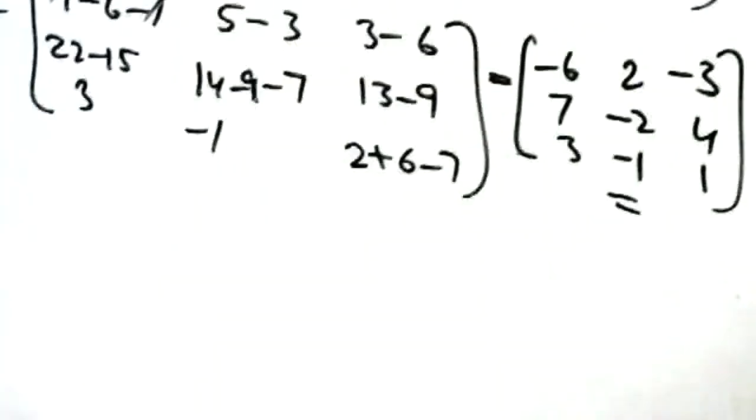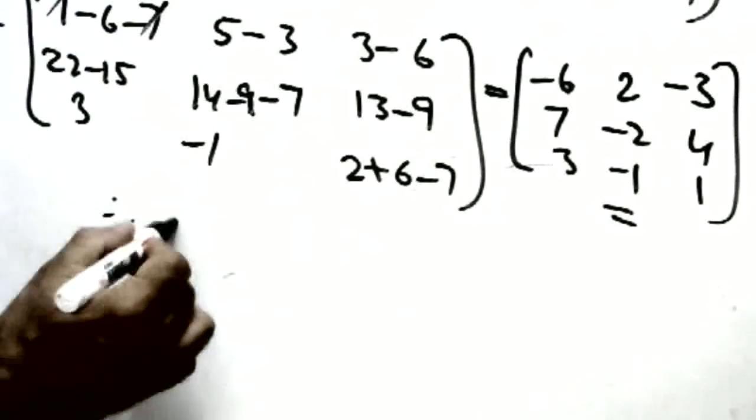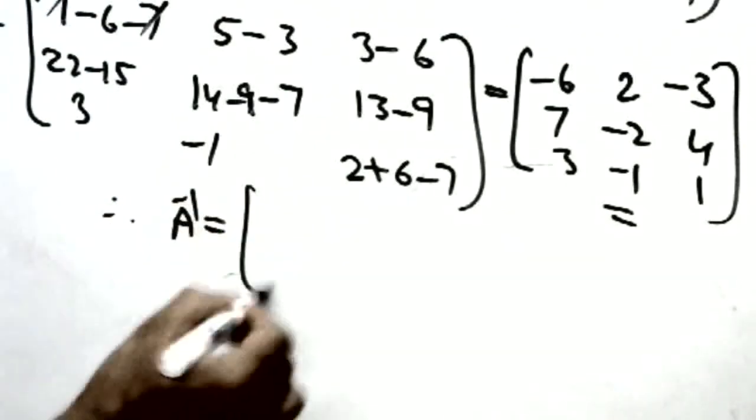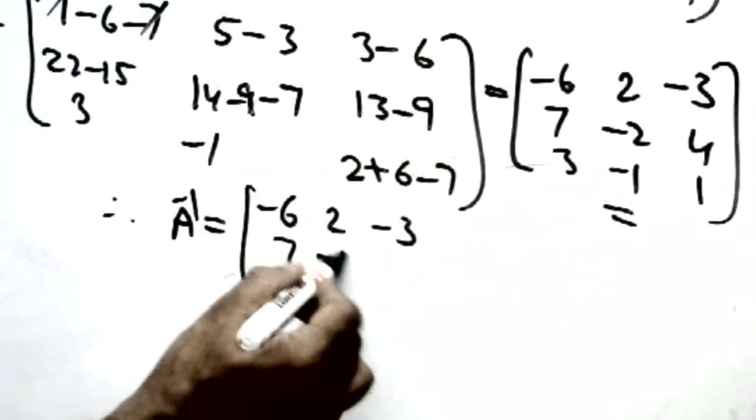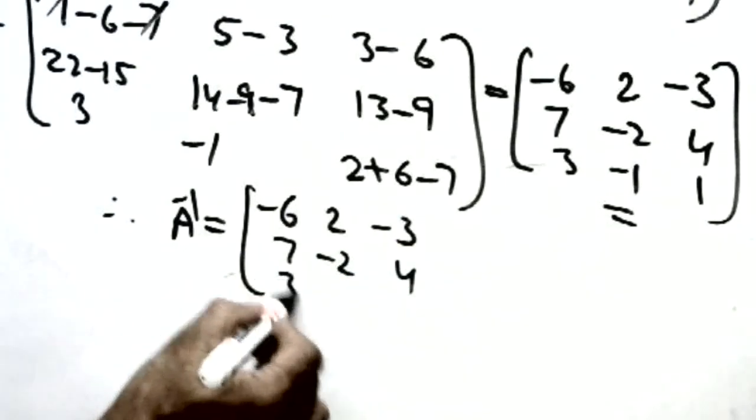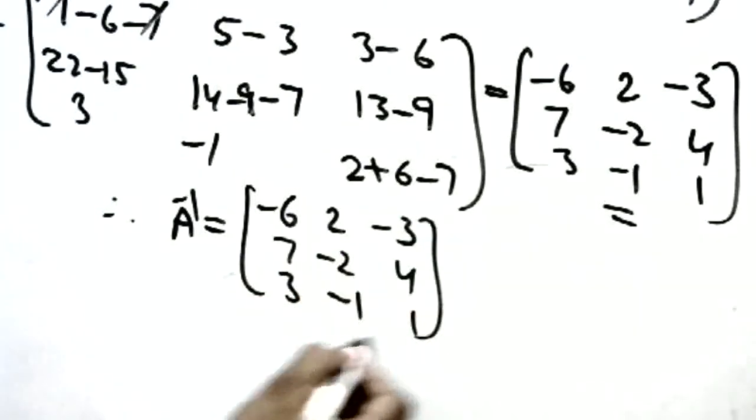So this is the A inverse. Therefore, A inverse equals minus 6, 2, minus 3, 7, minus 2, 4, and 3, minus 1, 1. So this is the method to find A inverse using the Cayley-Hamilton theorem.